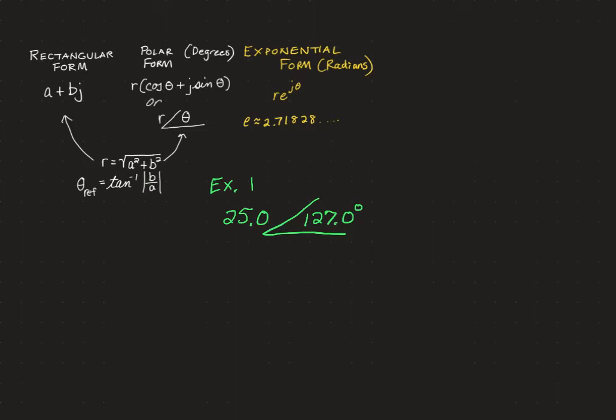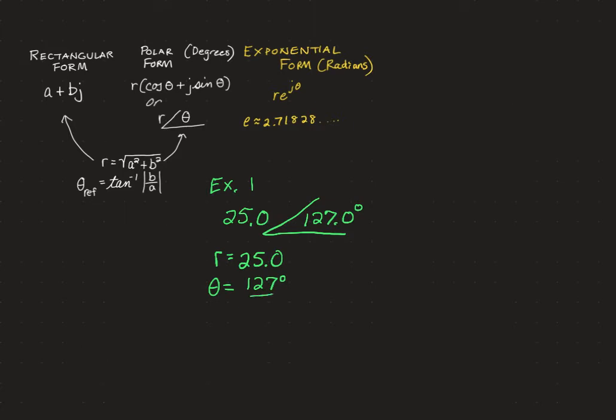So that's a complex number expressed in a condensed polar form. What do I have that I can read from this formula? Well, I have that r is equal to 25.0. I have that theta is equal to 127 degrees.